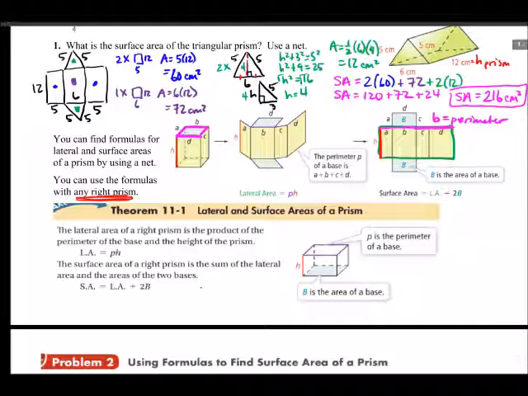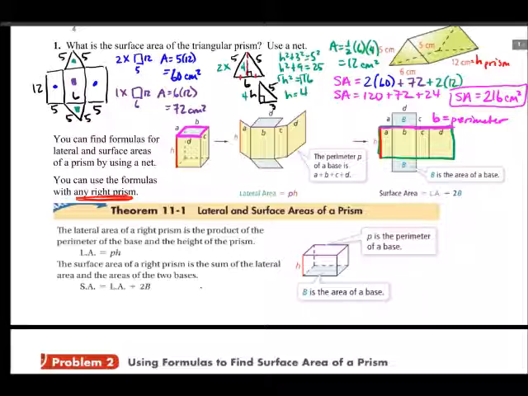So we now have a base and a height. And these are our lateral faces. So that's our lateral area. And then what do we have left over? Just finding the area of the two bases. So that takes out a lot of these steps.